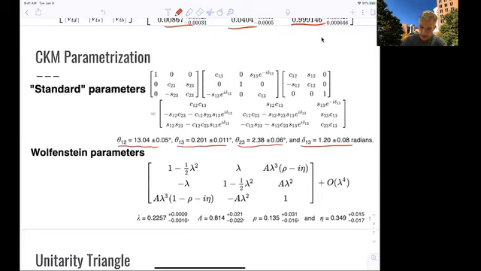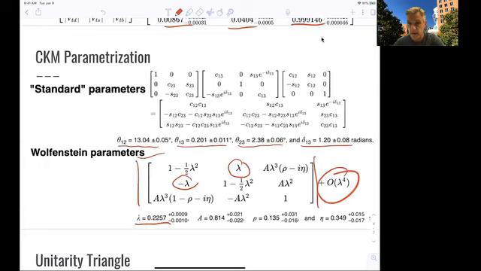So you find elements of the order of lambda. Lambda is about 22%. Then you find elements which are of the order of 1 minus the lambda squared correction. And then there are elements which are of lambda squared and lambda to the third power. So this captures the matrix, and then there are higher order corrections to that, which are of order lambda to the 4th power.